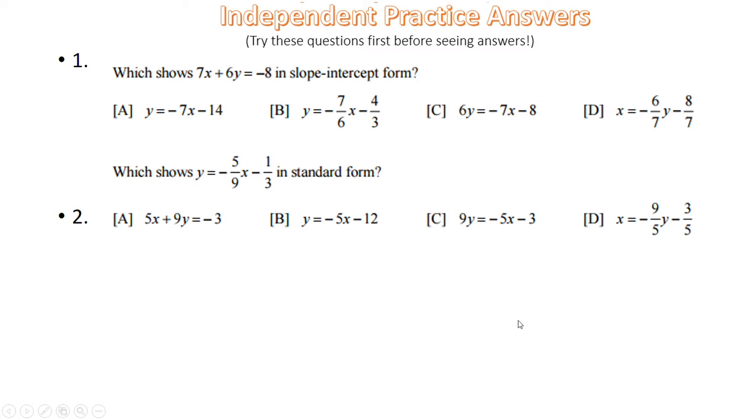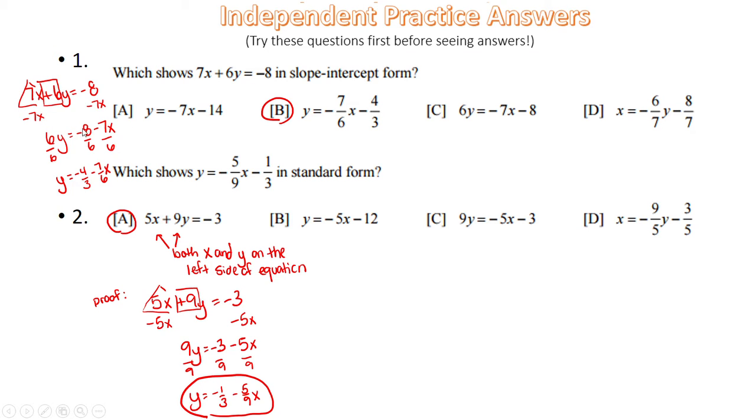Okay, number one, that's asking to put it in slope-intercept form. So the first thing I need to do is solve for y. If I solve for y, rectangle is the +6, the triangle is the -7x. So I'm going to do -7x on both sides of the equation. I'm going to put these side by side because they're not like terms, and then I'm going to divide everything by 6.